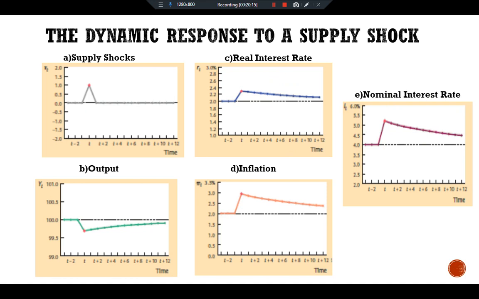Both interest rates return to their normal level as the economy returns to its natural level of output, or we can say its normal value, as the economy returns to the natural long run equilibrium.